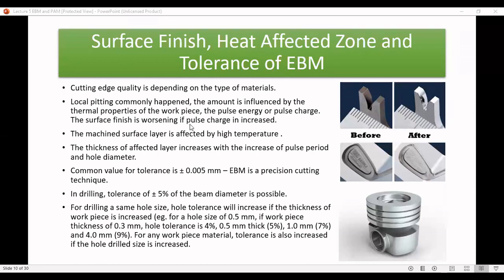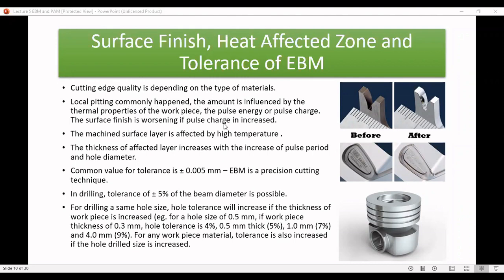As mentioned just now, the pulse is one of the important parameters in EBM, and it does not only affect the size of the hole that you machine, but you can also have pitting issues, and also thermal surface finish issues if the pulse charge is increased.